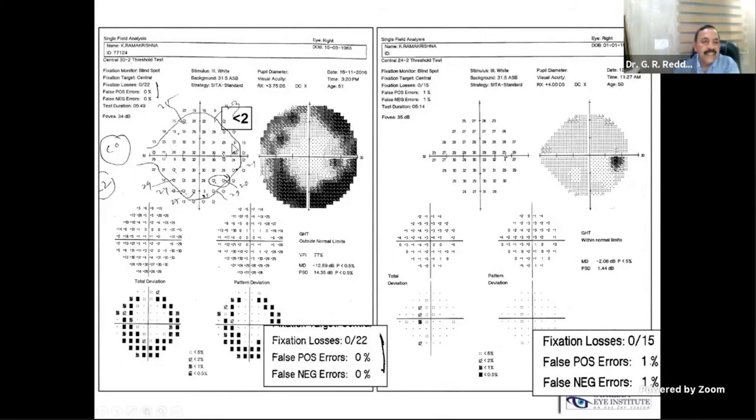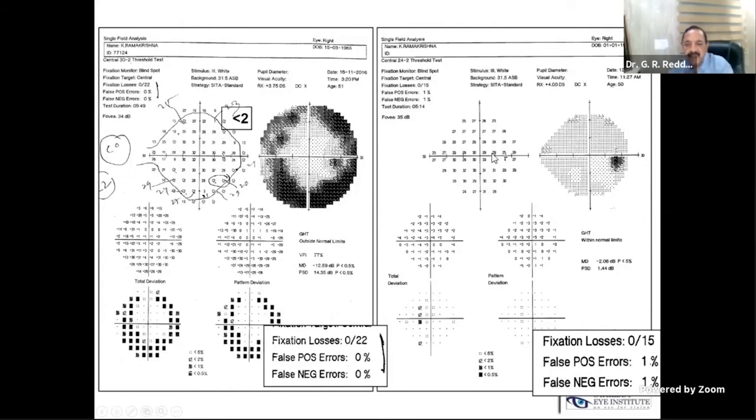And here you see, the test is well done. The fixation loss is 0/22, 0%. Even though the patient did the test 100% accurately, the inferior sign appears in front of the numerical value 2. That means it is a dim bulb, and we should not consider this field.